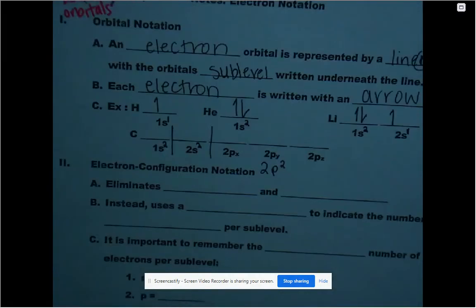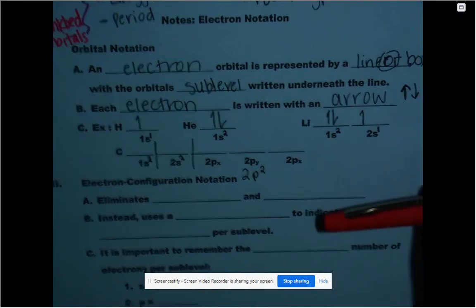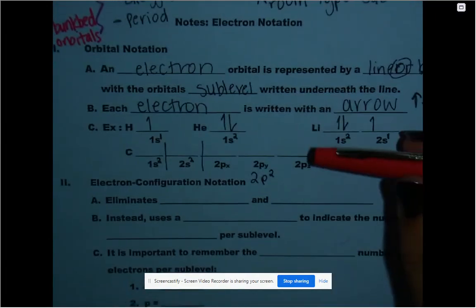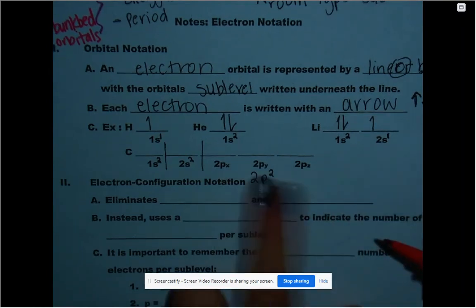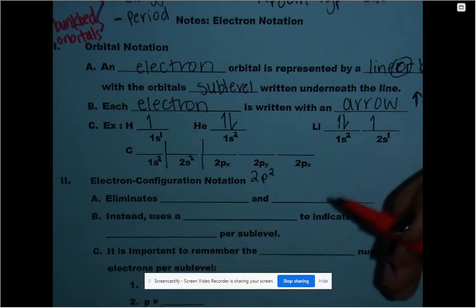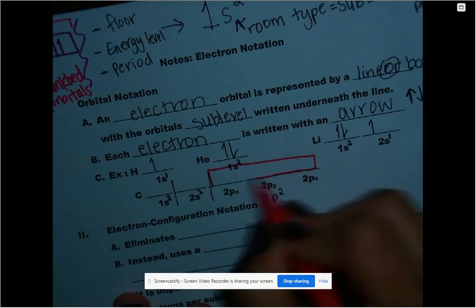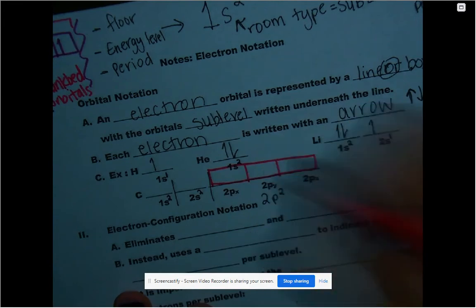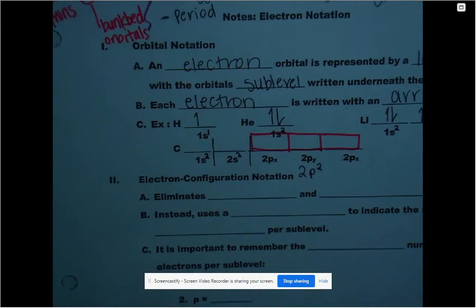So this is where we kind of left off. We were writing in our orbital notation. Something that I'll also point out is we provide lines. Sometimes we put X, Y, Z. But when I first learned this stuff, it was easier for me to think of it as a whole box, a box with 3 spaces, right?